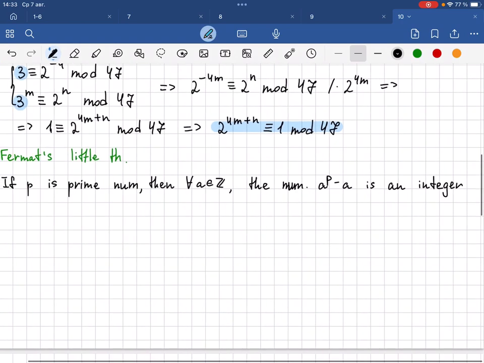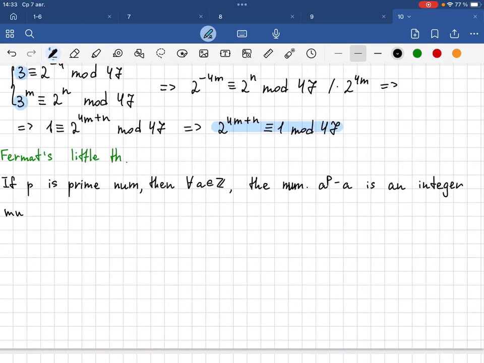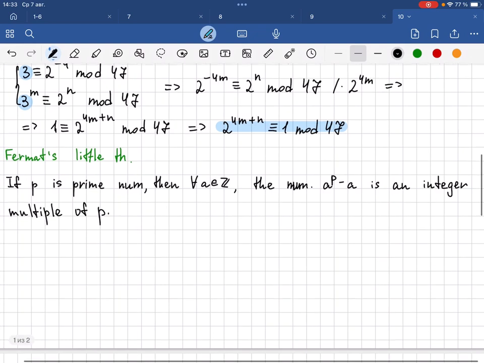An integer multiple of p. And in our notation, we can write it as a to the power of p equals a mod p.